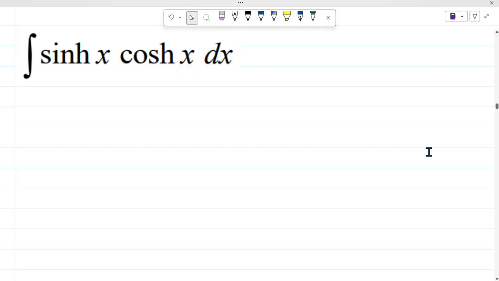This type of question, where you have hyperbolic sine of x multiplied by hyperbolic cos of x dx, can be done in three ways or a lot of ways. Why am I saying that?